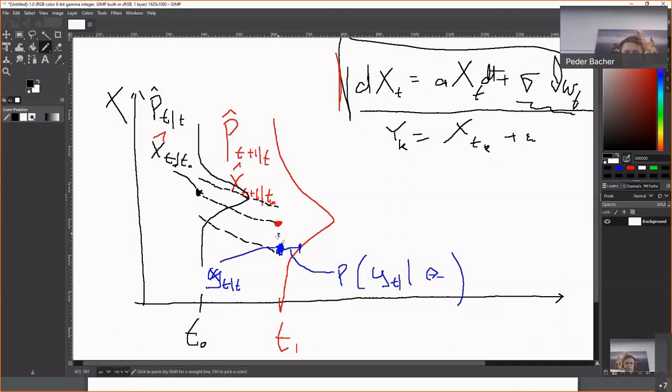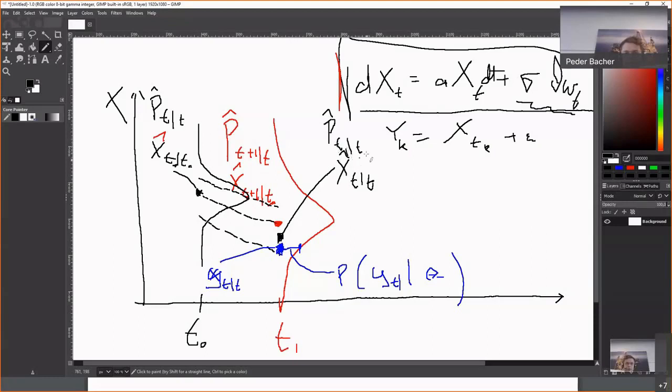Depending on the variance of the prediction and the variance of the observation, it will find an update of the state. So it will be our updated state, and it will also calculate an update of the covariance.